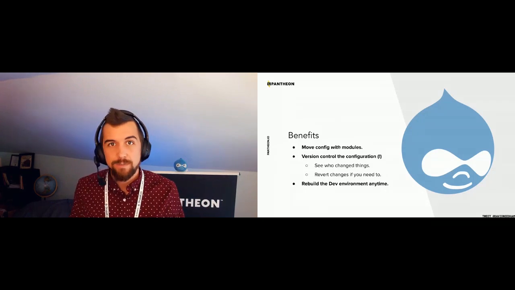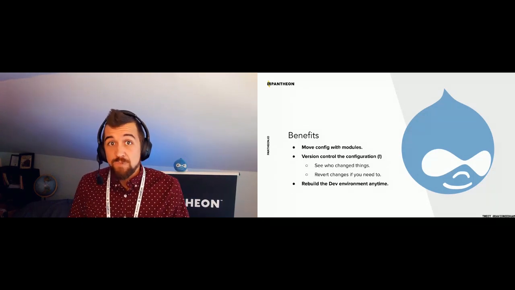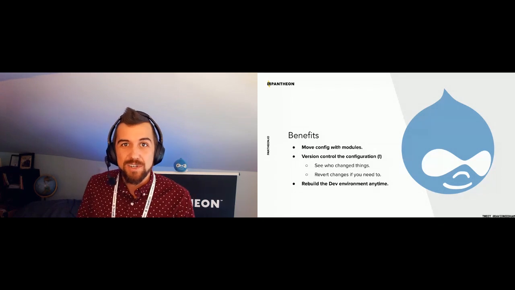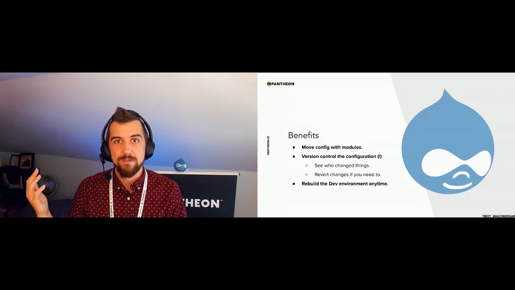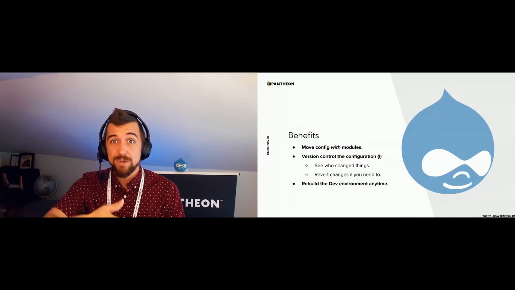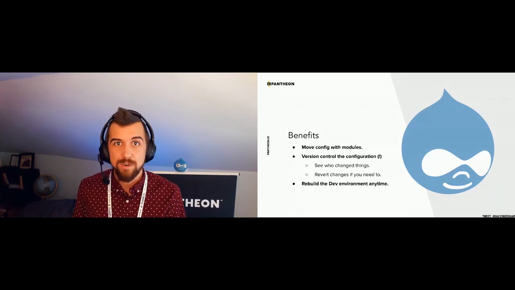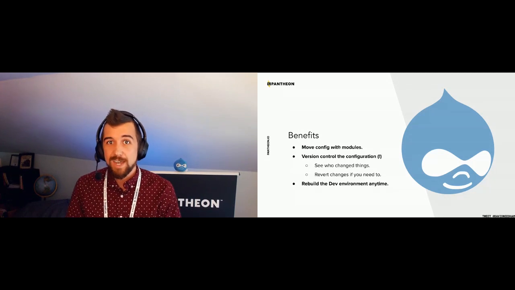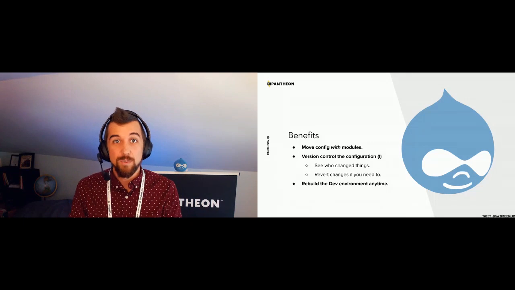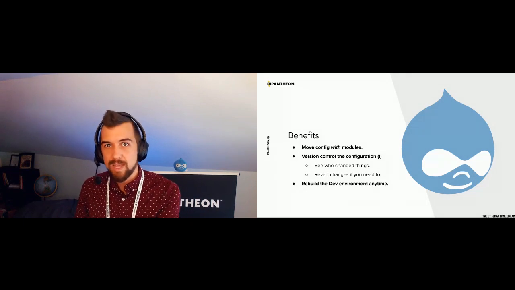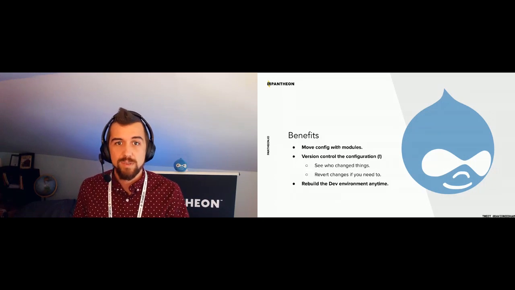But if you're using configuration management, as long as you've exported your configuration, you can create a new copy of the database and files from live, overwrite your dev environment, and then just re-import your configuration. So if you're not sure whether the changes you're making are going to conflict or work well with those changes that happened on live with content or other things, you don't have to guess. It just works. It's wonderful.